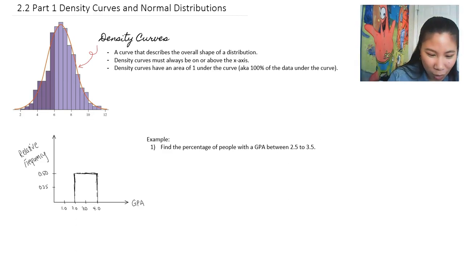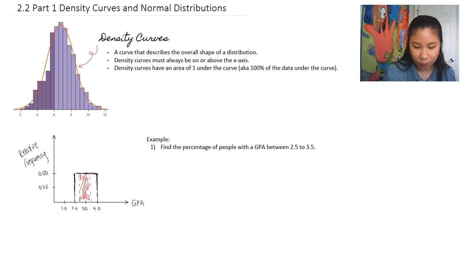If I were to draw that out, it would look like this. It would be these people here from 2.5 to 3.5. We're basically looking for that area whenever we're trying to find a percentage of people under a density curve. That shape I've shaded in is a rectangle. I know it's ugly, but it is a rectangle.